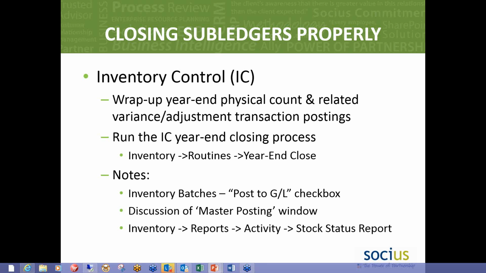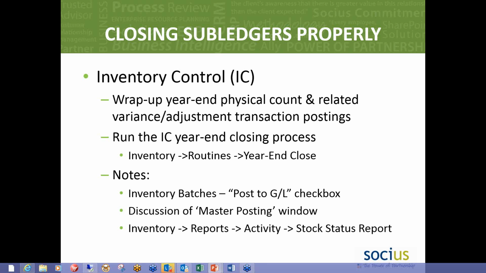Just like we talked about with purchase order and sales order, make sure all the appropriate invoices, purchase order receipts, and invoice matches were posted so that you get the proper information when you do your year-end.